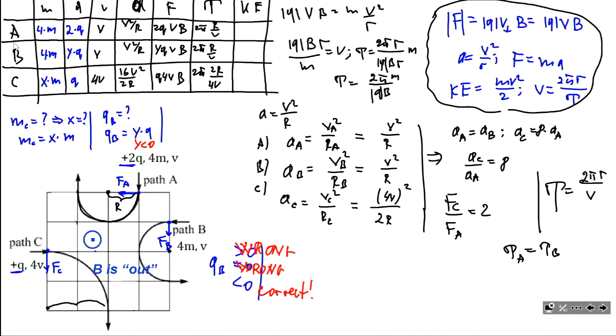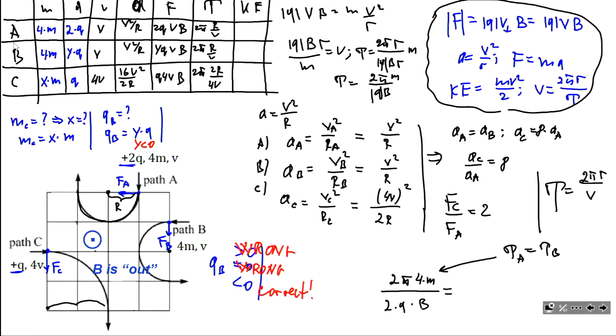First time for particle A, 2 pi. For particle A, the mass is equal to 4 times that factor m, and we have to divide by the charge of that particle, which is given in terms of Q, and magnetic field.